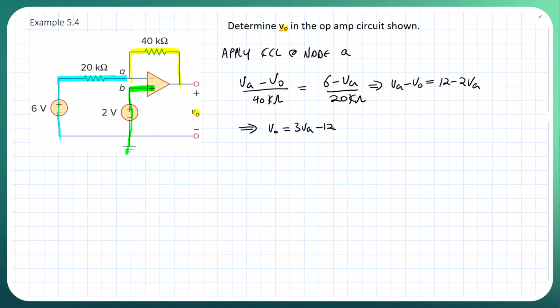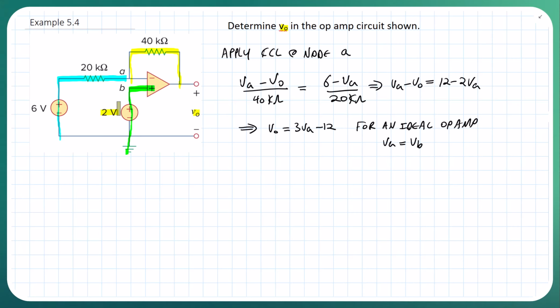Okay, but like we mentioned before, we're assuming an ideal op amp, so for an ideal op amp, VA is equal to VB, and in this case we know that VB is 2 volts.